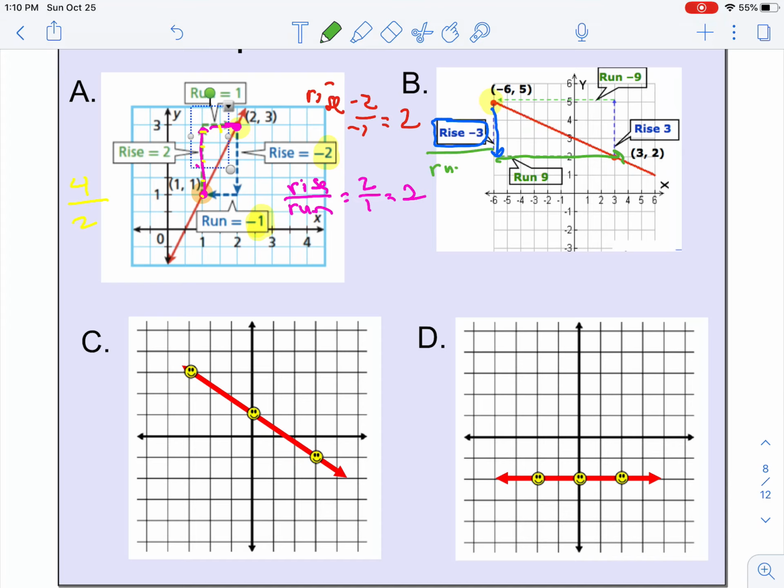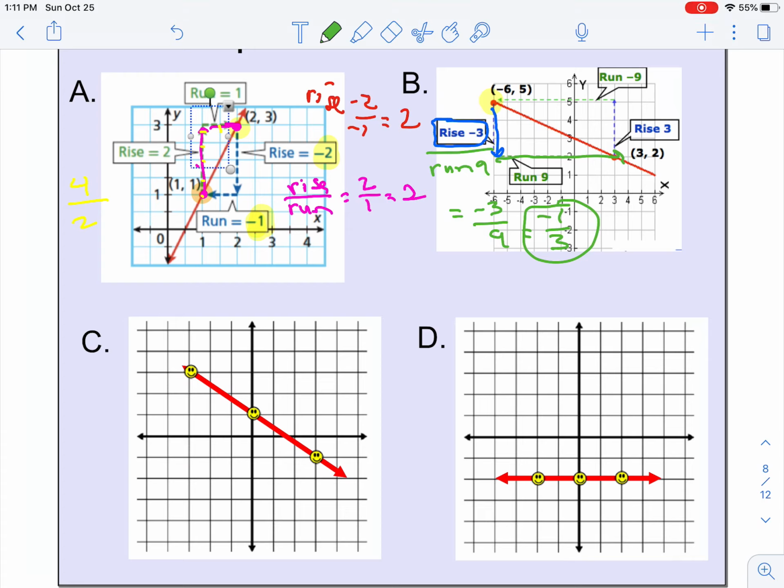So I get a rise of negative 3, a run of 9, and so that is negative 3 over 9, and we always reduce our slopes, so that would be negative 1/3 if you got it correct.